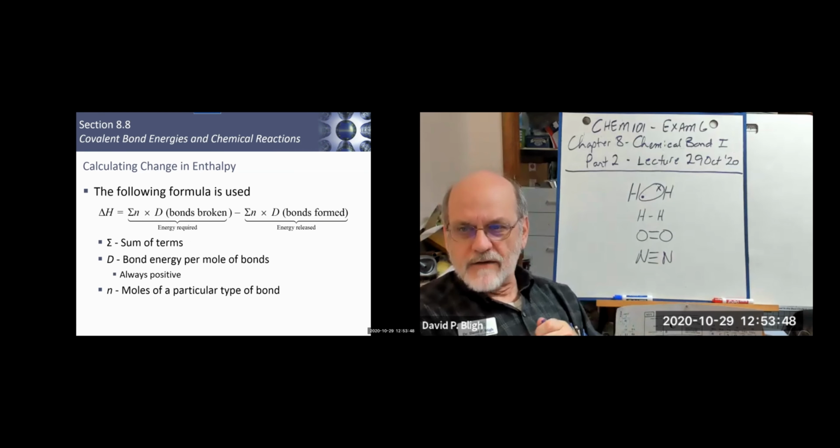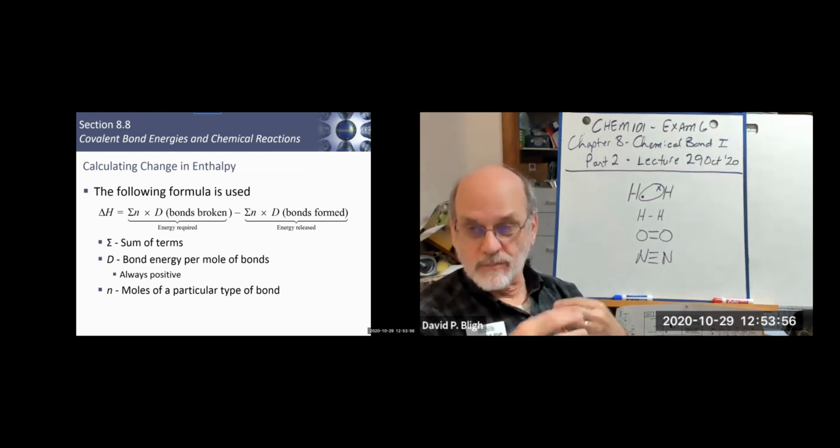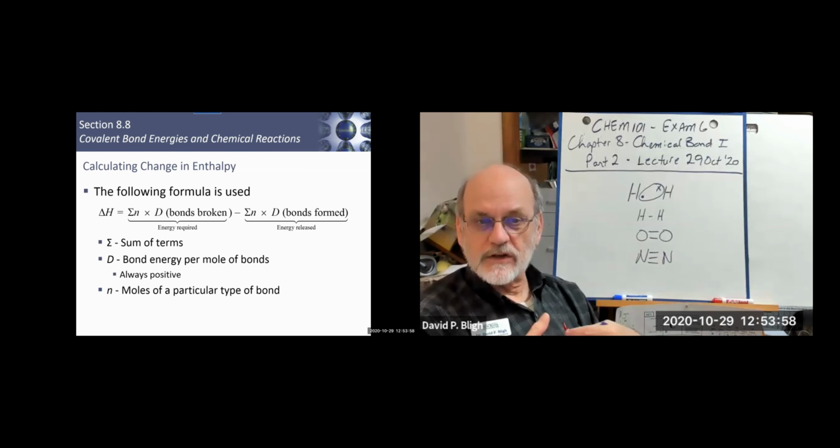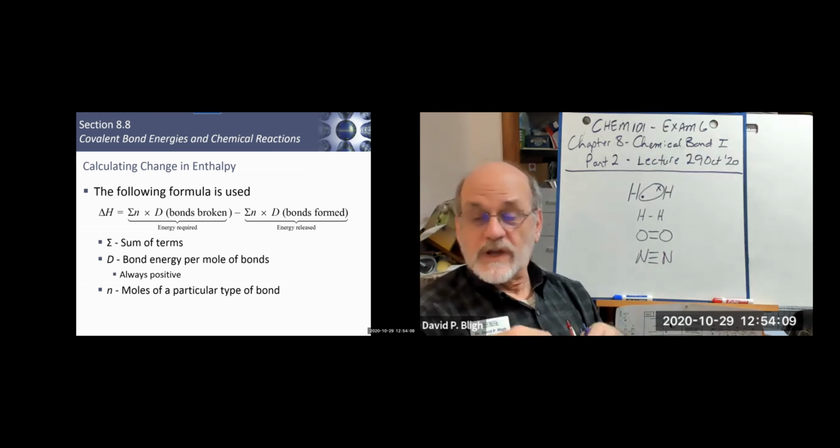Well, if we have arrived at a value for the strength of a bond in terms of the energy required to break the bond, then we can do calculations for a chemical reaction.